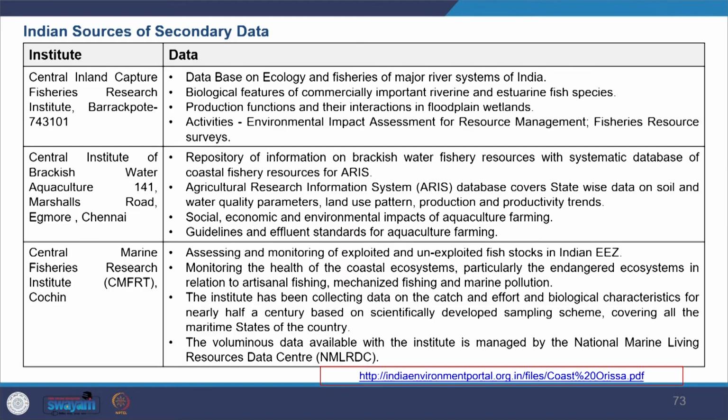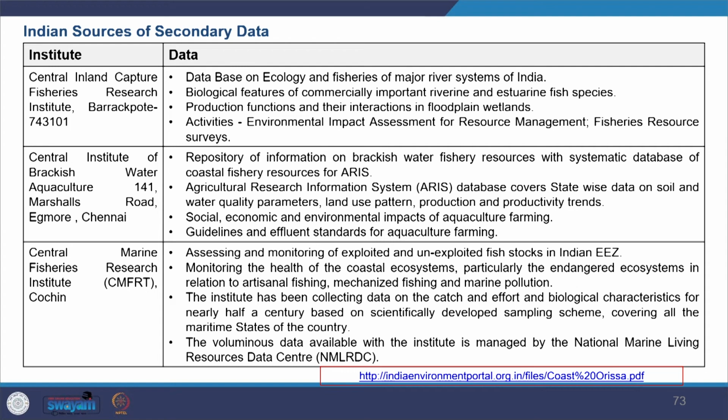Further, from the manual on the shipbreaking yard, I have taken what could be the possible sources of data. I have not taken all of them, but you can see some of these here. You have the Central Institute of Brackish Water Aquaculture, which keeps a repository of information on brackish water fishery, an agriculture research information system, and socioeconomic and environmental impact guidelines.